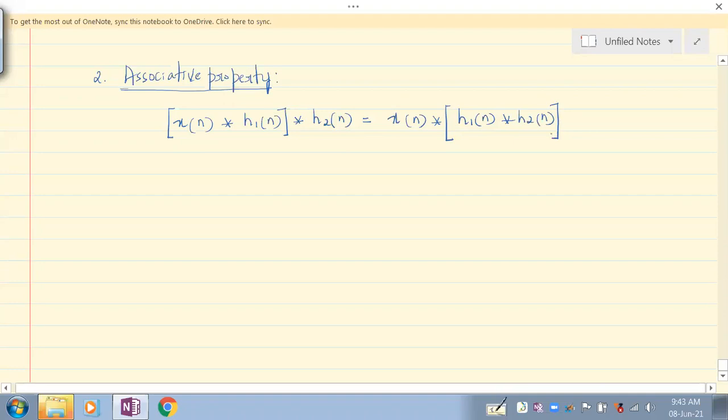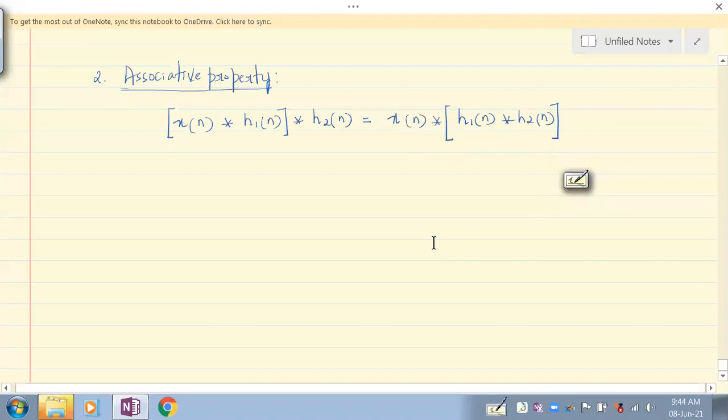Okay, so this is associative property. If you have three signals and you are obtaining the convolution sum, whether you first obtain the convolution of the first two signals or the last two signals, and then convolve with the remaining signal, the convolution sum will not change. So that is what the associative property is telling us.